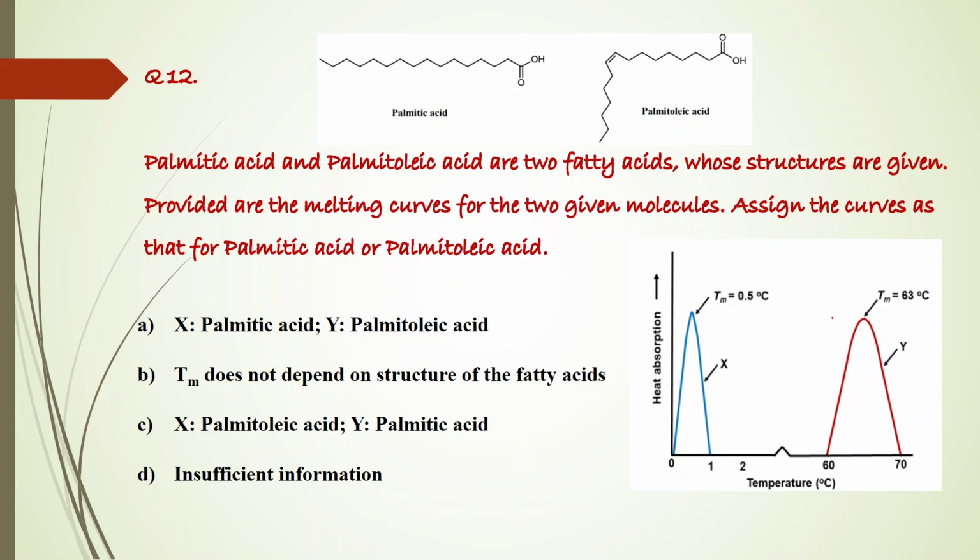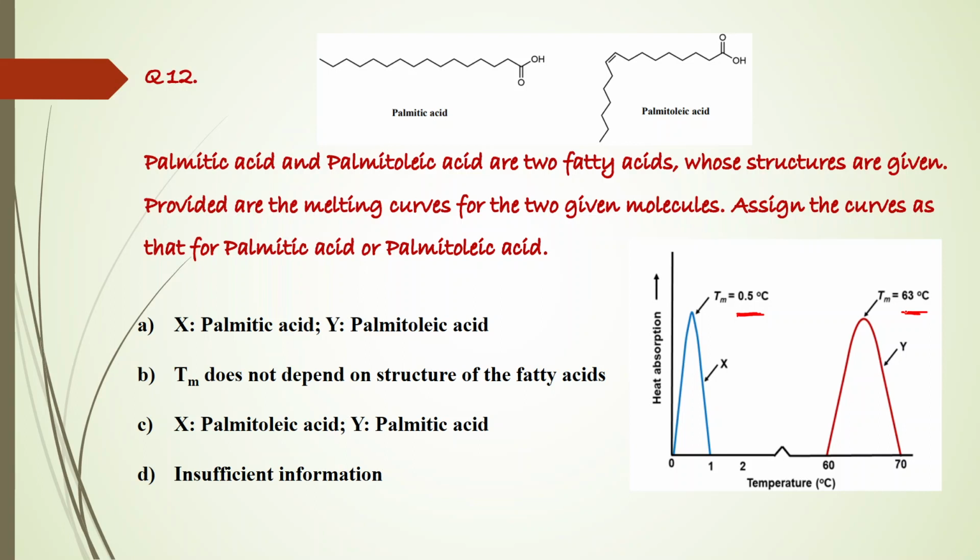We know the difference comes from the melting temperature. For X, we can see the melting temperature is very low, 0.5 degrees Celsius. Whereas in case of this red one, or Y, the melting temperature is 63 degrees centigrade.